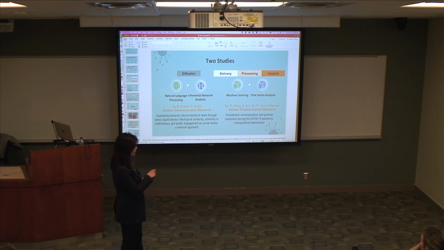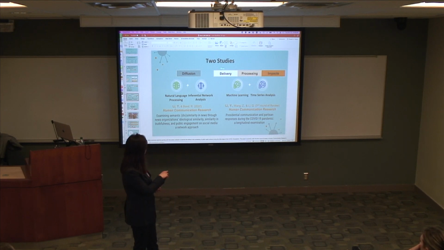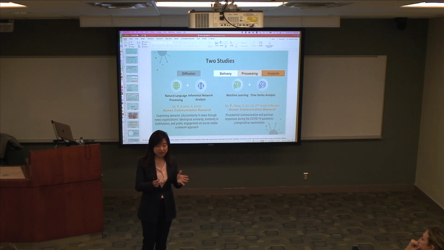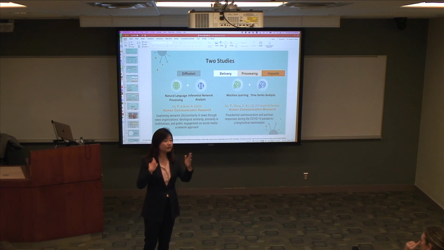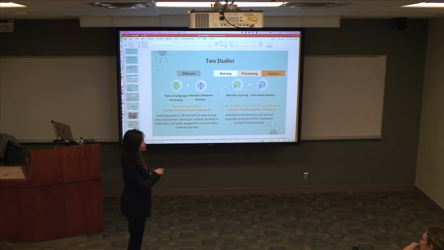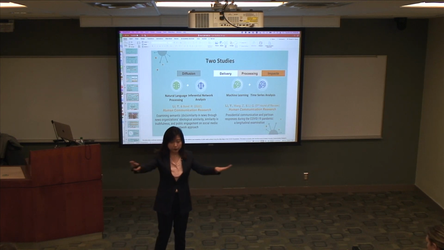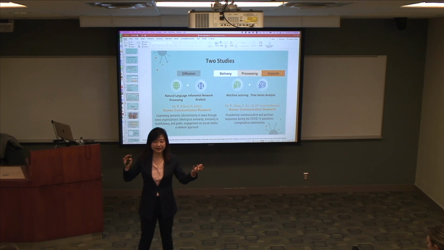Delivery is more about the strategic communication side, like how news media or governments or whoever, the organization or the person, strategically frame the messages they want to deliver to the public or to individuals. So delivery here is more on the psychological side. Message design. Right, something like that. But diffusion is more at the societal level, how the information already delivered will diffuse across individuals and across news media. So those are two different aspects, though they are similar.